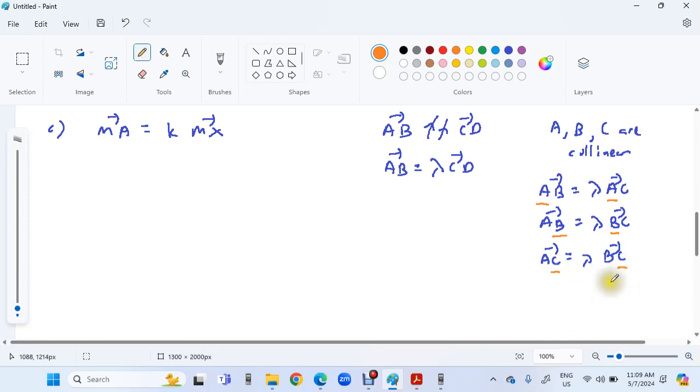AC and BC, there's a common point. So if we have a common point, then it is collinear. In this case, M is the common point, so it is collinear. If we don't have a common point, like AB and CD, then this is parallel.